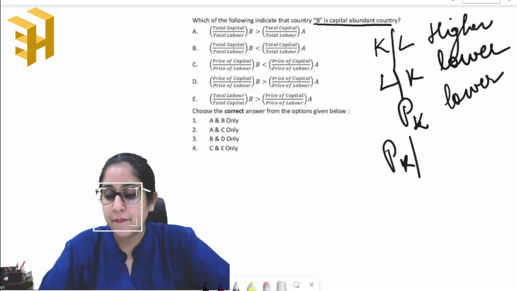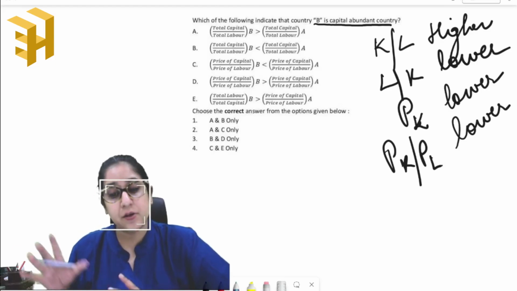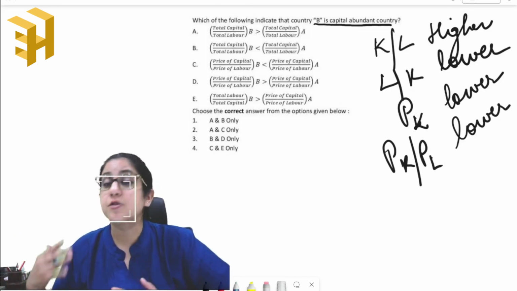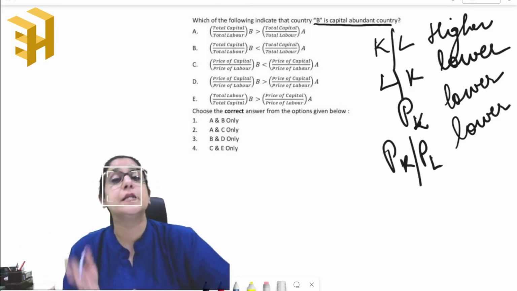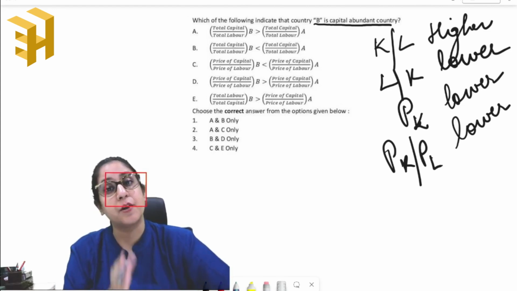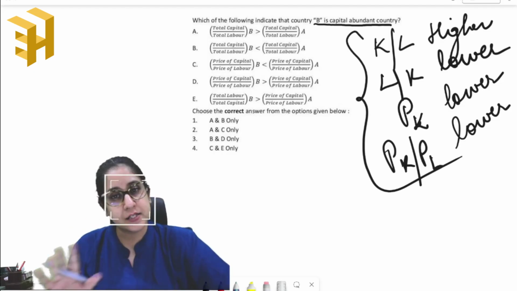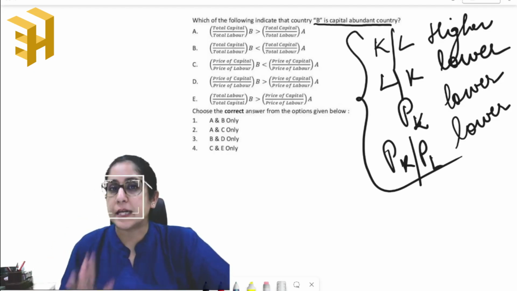And price of capital upon price of labor would be lower, okay, because labor is scarce, so that's why labor is more expensive there, and capital is available in abundance, that's why your price of capital would be lower. So these are the four things that we can list out without even seeing the statements.